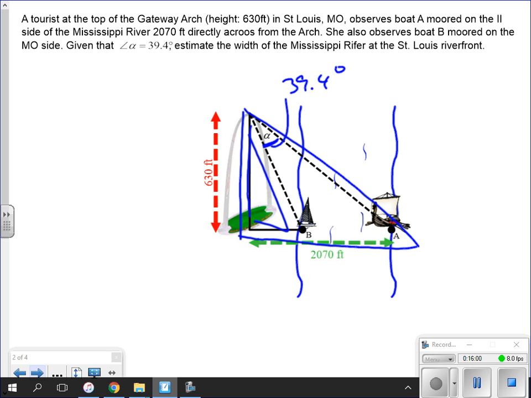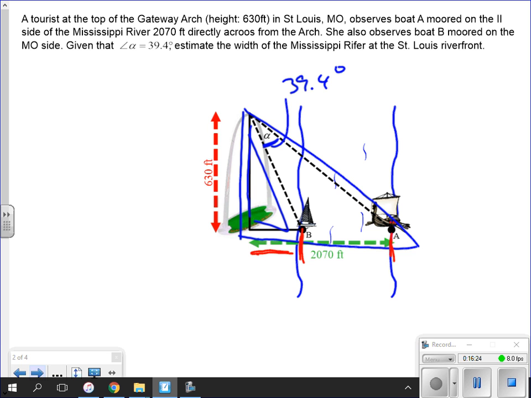What I'm looking for is this distance between here and here. If I can figure out this distance and subtract it from the whole length, I'm good to go. That's what I need to do. But I can't get that distance directly, not from the information I have. I need to find that distance in a roundabout way.